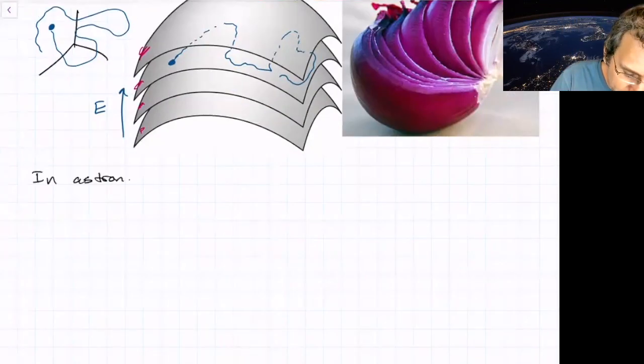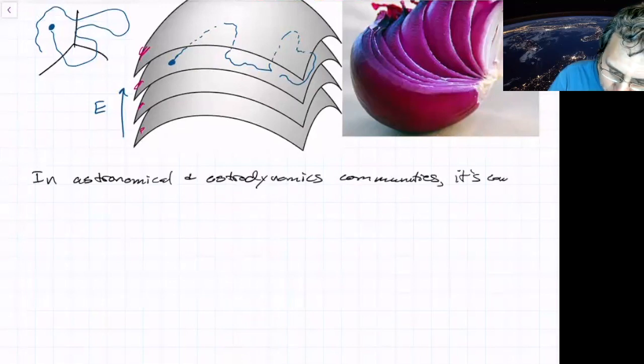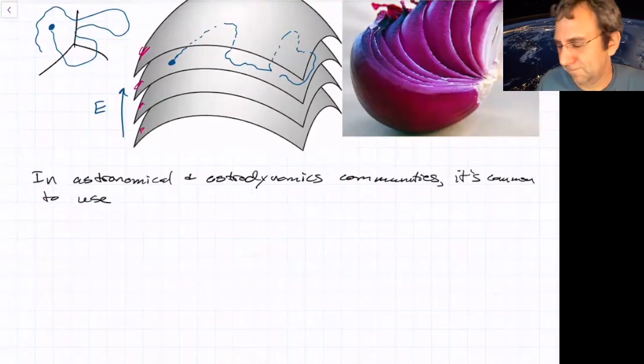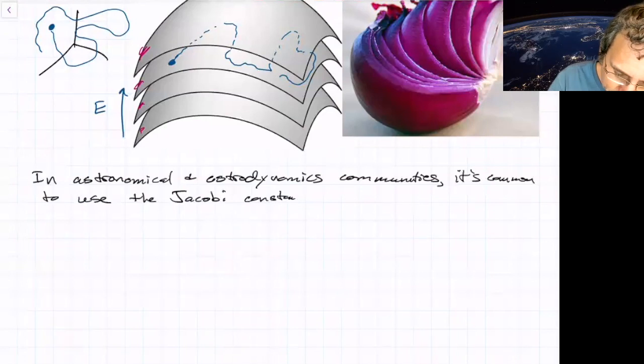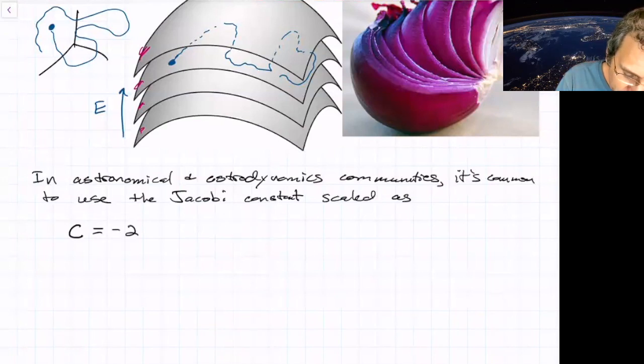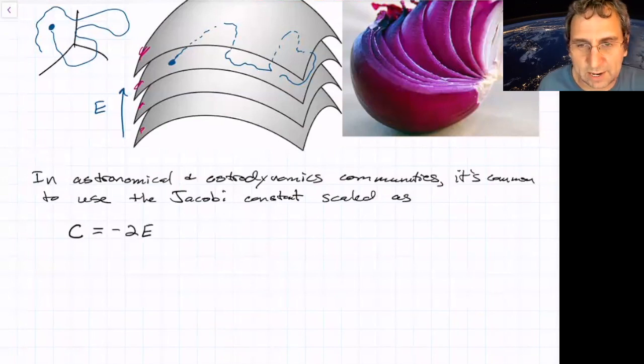In the astronomical and astrodynamics communities, it's common to use the symbol C. Some authors use something else. They use the Jacobi constant scaled. They write it as C, usually, and it's just equal to -2 times E. So you have to know which group you're talking to.